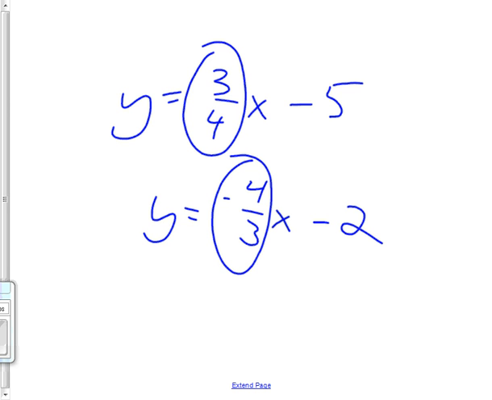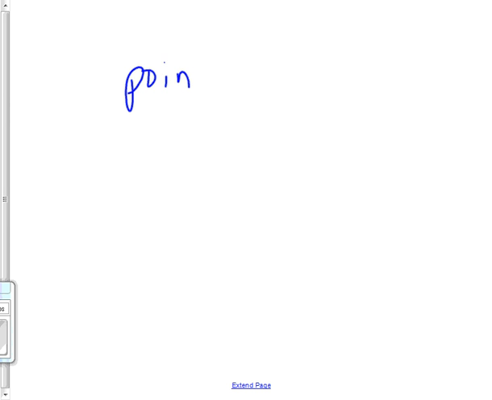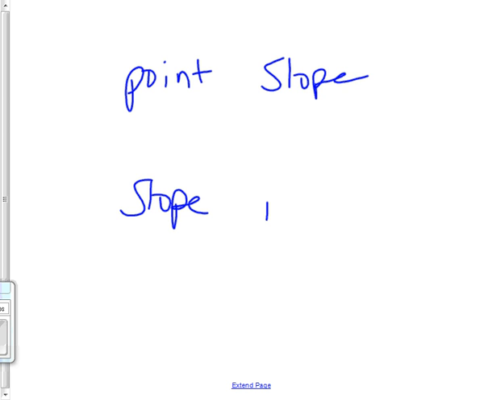All right. Now, when would you need this? Well, if they give you a point and they give you a slope, is it a big surprise to you that I'm going to tell you to use the point slope form of the equation? Doesn't that make sense? What if they give you the slope and they give you the y-intercept?